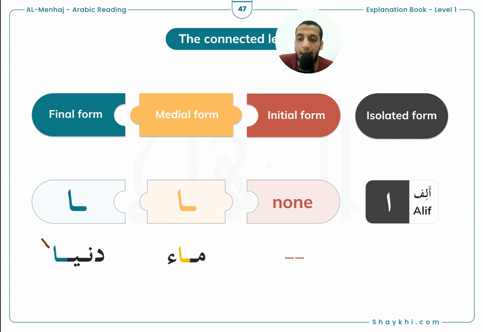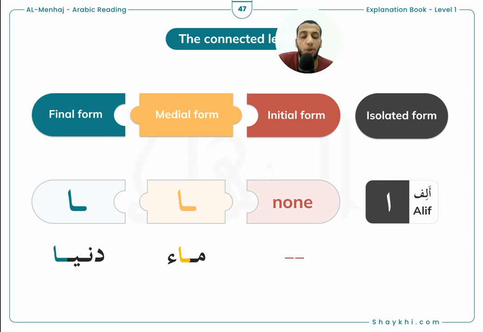As you see, this is the Alif in the final form. We use this Alif to stretch the sound before. So this is the shape of an Alif in the middle of the word, and this is the shape of an Alif at the end of the word. And as we said, it's the same.